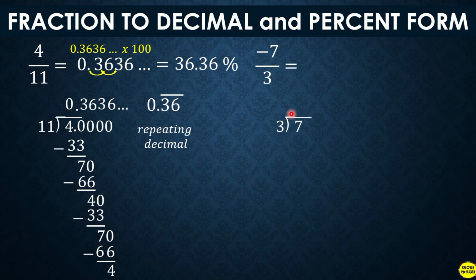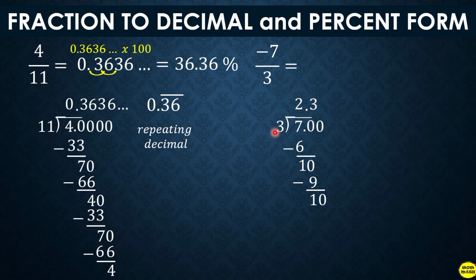So, 7 divided by 3, that is 2. 2 times 3, that is 6. Subtract, that is 1. So, 1 cannot be divided by 3. So, we will borrow 0. Bring down 0. 10 divided by 3, that is 3. 3 times 3, that is 9. So, subtract, that is 1. Borrow ulit tayo ng 0, bring down 0.